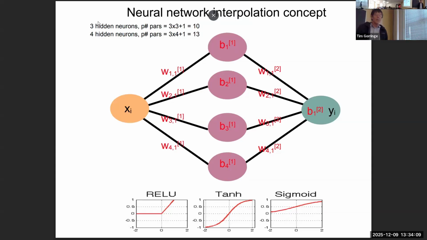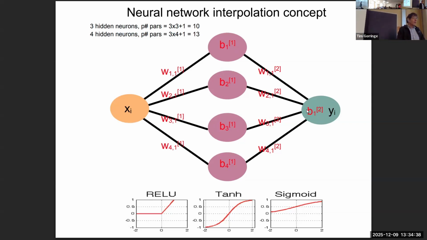So here's an example of a neural network that we might apply to our three data points, or a homework assignment with, I think, 8 or 10 data points. We've got a set of independent measurements and their corresponding dependent values, so xi's and yi's, and we want to interpolate between the xi's and the yi's.